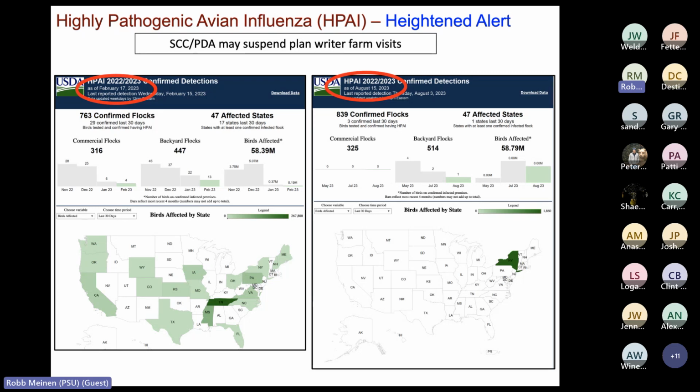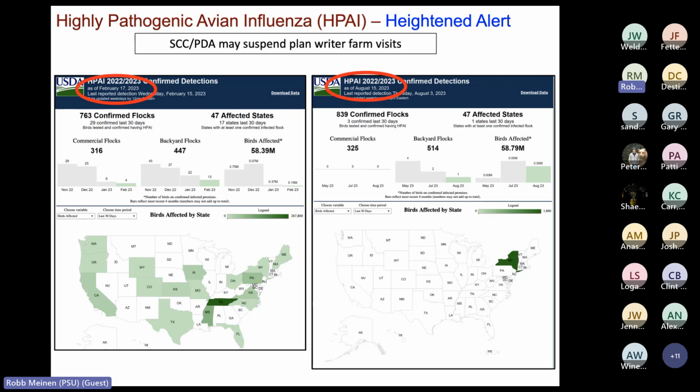HPAI can be spread to commercial flocks with the migratory birds that can carry this disease, avian influenza. And it's just one of the current diseases that we're really battling. And we fear that when the migration starts again this fall, we might see a spread.